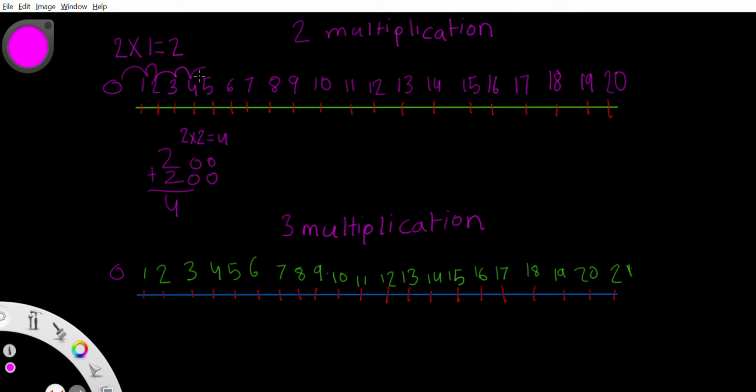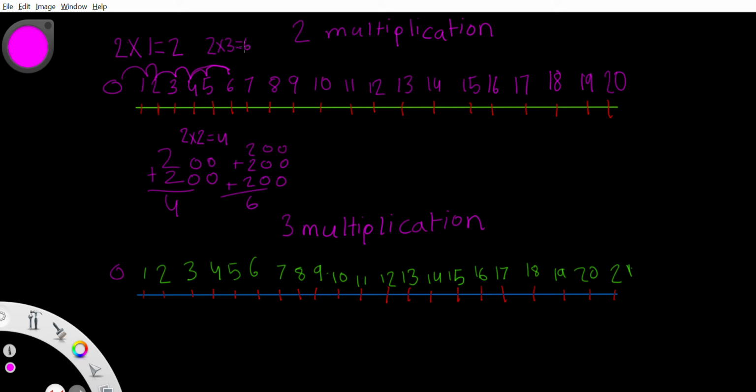And then you go here, 1, 2, we have 2 times 3 would be 6, because 2 plus 2 plus 2 is 6, because 1, 2, 3, 4, 5, 6. And then we ended on 6.